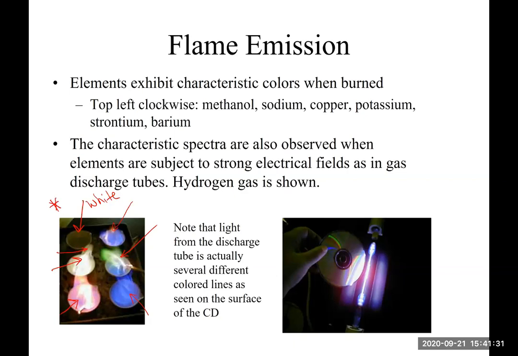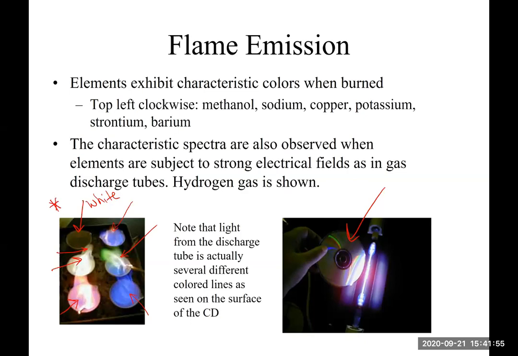So this was one of the tests that scientists were doing, but another test that they looked at was the gas discharge tube. They're showing you here a CD put next to a gas discharge tube that contains hydrogen gas. And what is a gas discharge tube? It has a positive charge at one end and a negative charge at the other end, and you put an electrical current through it.